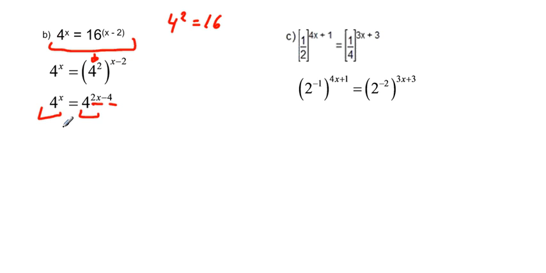So the left side is equal to the right side if and only if the exponents are equal, since the bases are the same. So the next step is just to equate the exponents.